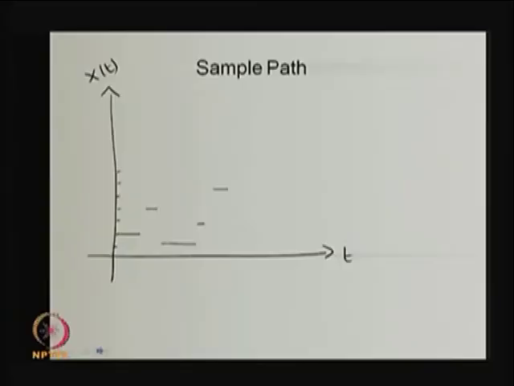Let me show the sample path over the time t, that is the x axis. The y axis is x of t. So, the system was in some state at time point 0. It was in the same state for some time, then it moved into some other state, then it was there in that state for some time, then it moved into some other state and so on.